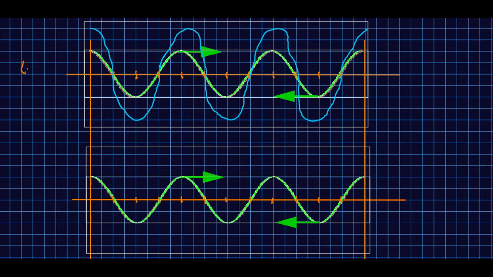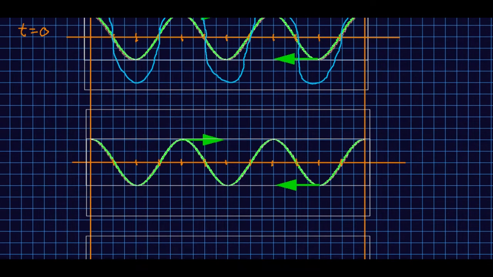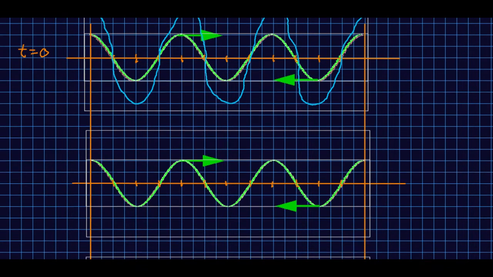I'm going to call this moment t equals 0. Now, if we go ahead by a quarter of a period, so I'm going to go to a time that is a quarter of the period later. Remember that in a full period, the wave travels a distance equal to the wavelength.